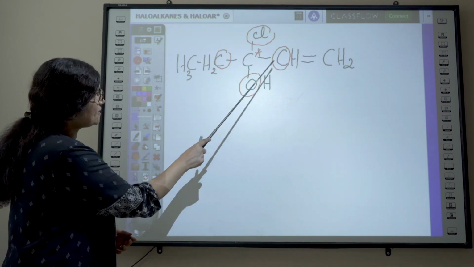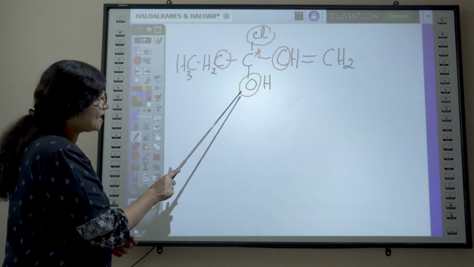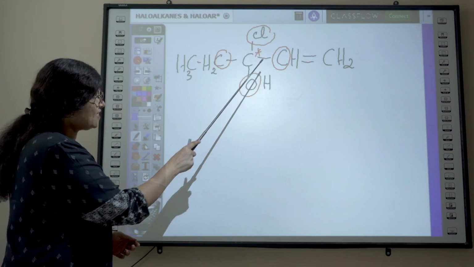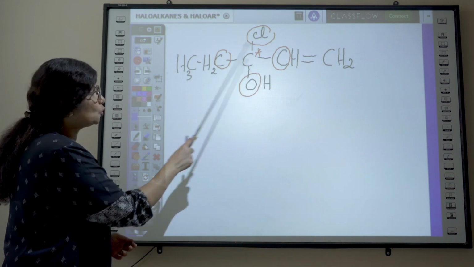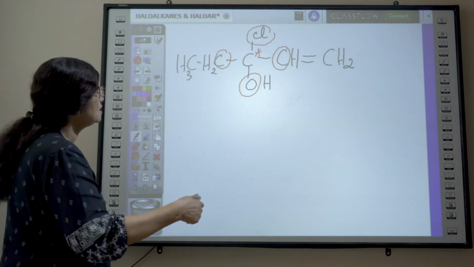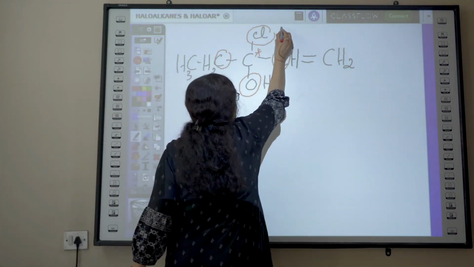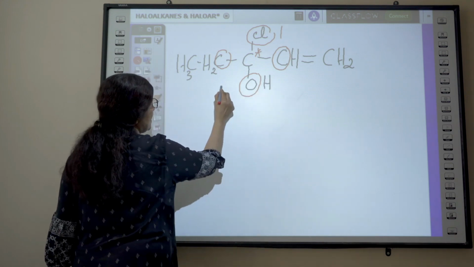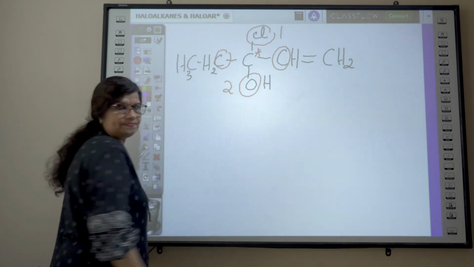Oxygen has a higher atomic number than carbon. Then we have to compare between these 2 carbon groups as to which will have a higher priority, correct? So chlorine is assigned priority number 1, and the OH group is assigned priority number 2.